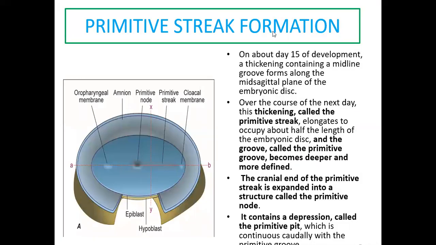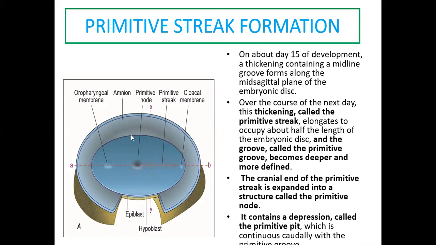Now how will the gastrulation occur? This starts with the formation of a primitive streak. After about 15 days of development, a thickening containing a midline groove forms along the mid-sagittal plane of the embryonic disc. We are seeing this embryo from top.